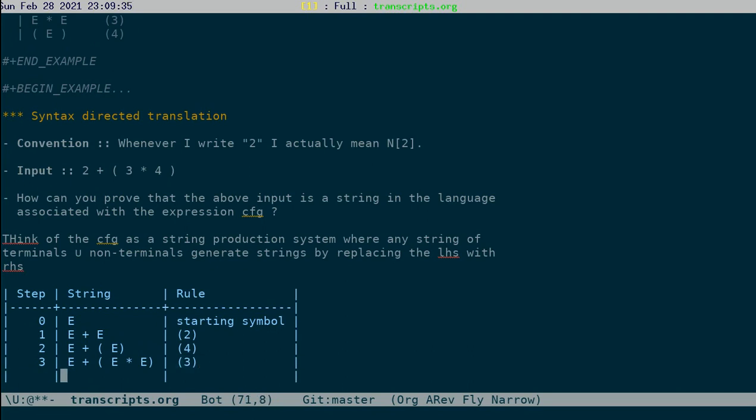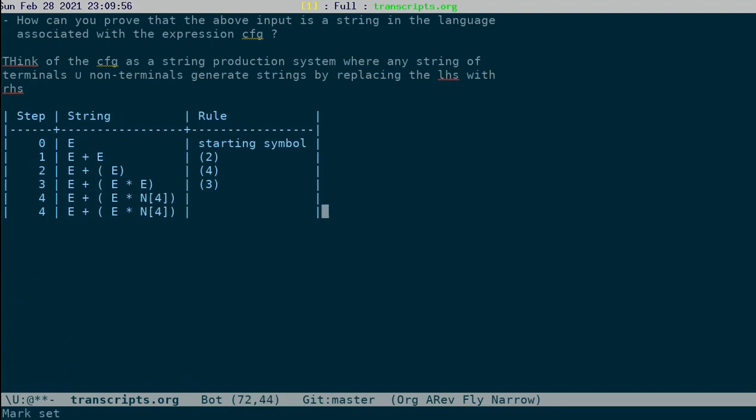Now you see where this goes. Fourth step, I replace it with E plus E star. Now here I use the fact that this is N, and that matches with my rule 4. Okay, and so this is rule number 1, and here it matches with N3 to be precise, that is 5.